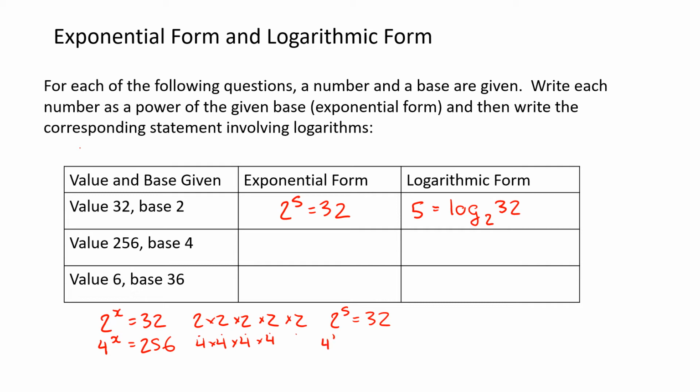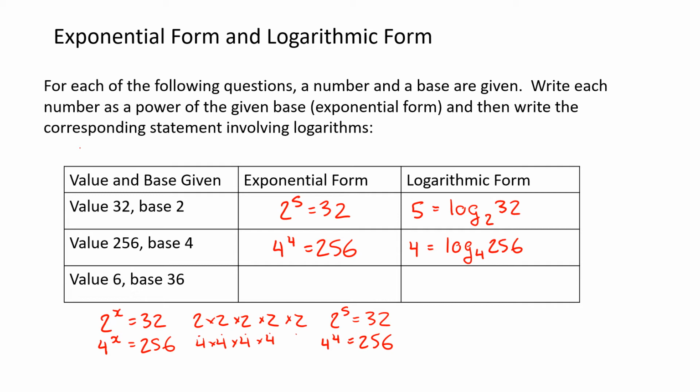In other words, 4 to the exponent 4 must be 256. So in exponential form, 4 to the exponent 4 is equal to 256. In logarithmic form, the exponent 4 must be equal to the log of the base 4 of the final number, 256.